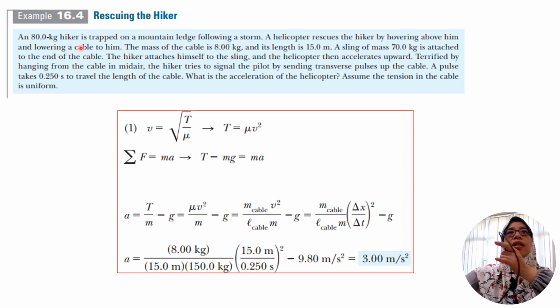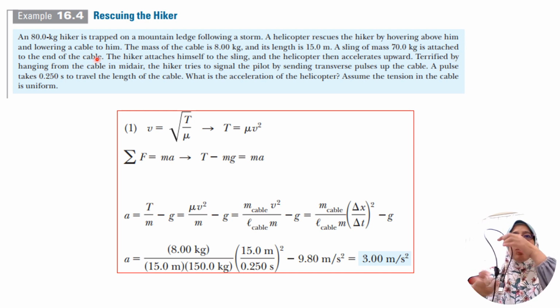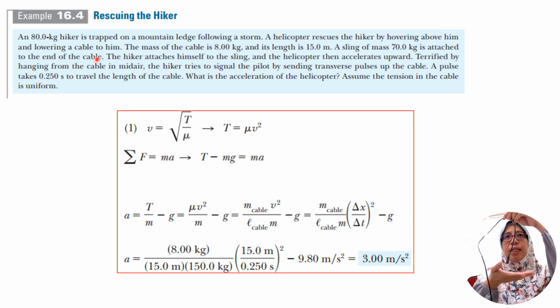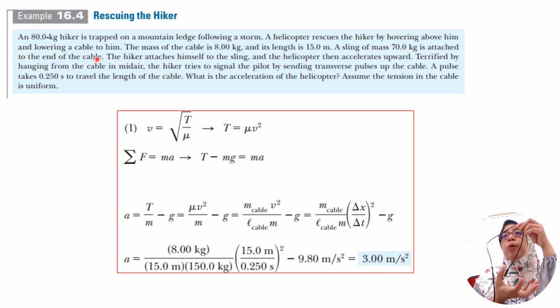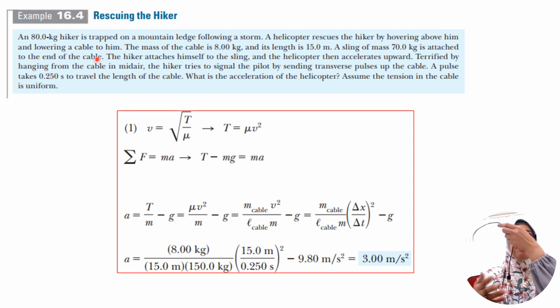Now a sling of 70 kg is attached to the end of the cable. Sling tu maksudnya dia nak pegang badan lah, ataupun pengusung, ataupun pengikat badan dia.